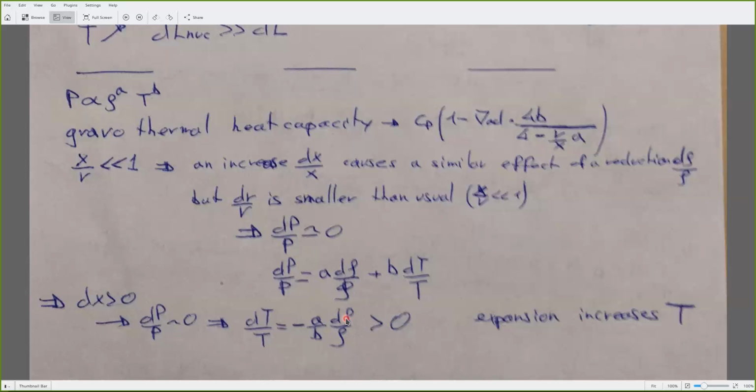This happens essentially always when you have a burning shell where the energy production by nuclear reactions is really dependent on temperature. So for a small temperature increase, you have a great increase in the production of energy. This is quite typical, in fact, for the helium shell.